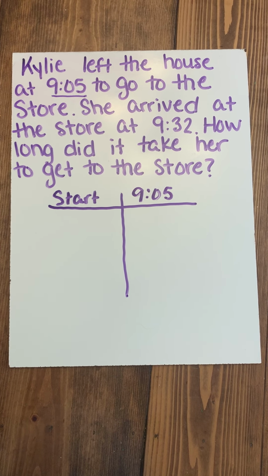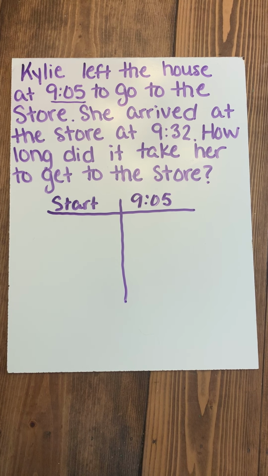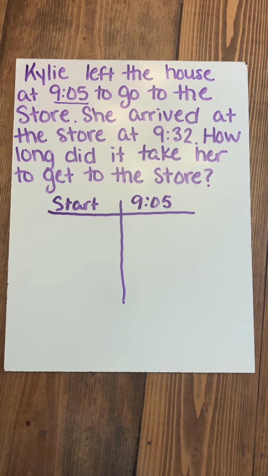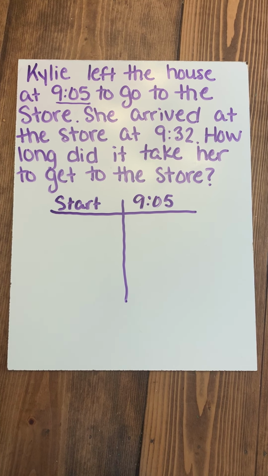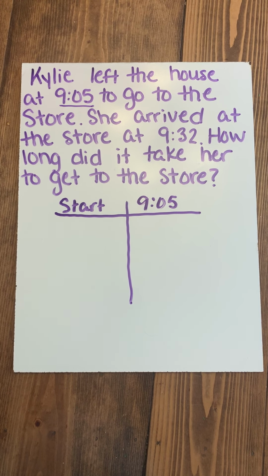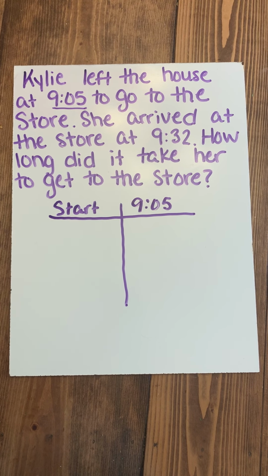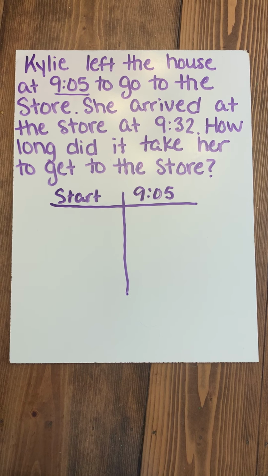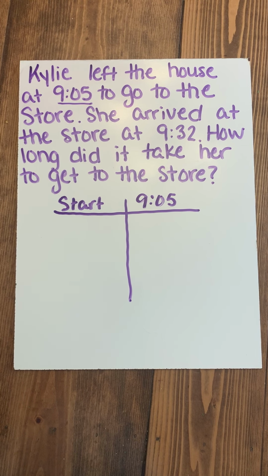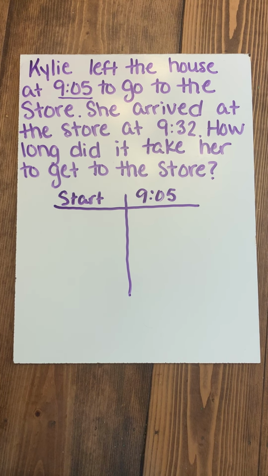Now, the question that they want us to answer is how long did it take her to get to the store? So we want to make sure in the end, since it's asking how long, that our answer is in hours and minutes and is not a time written out. That is something that a lot of kids tend to mess up on towards the end.